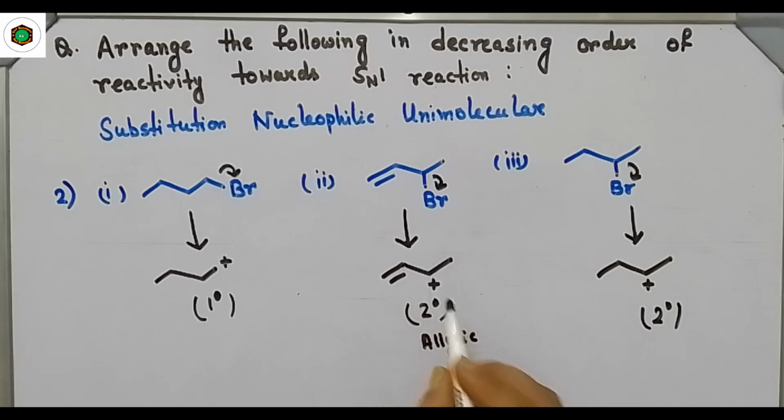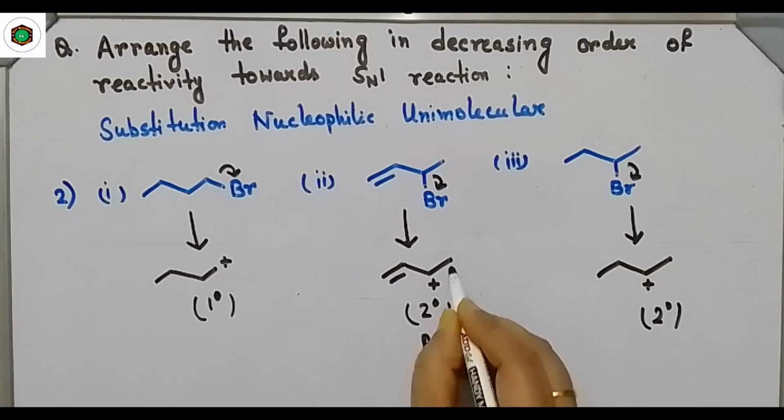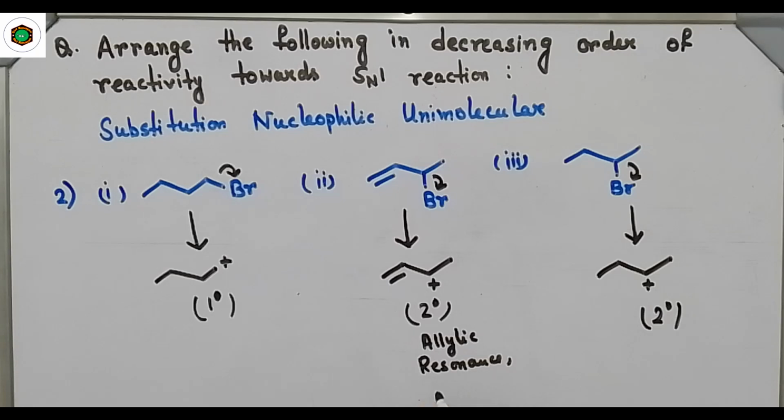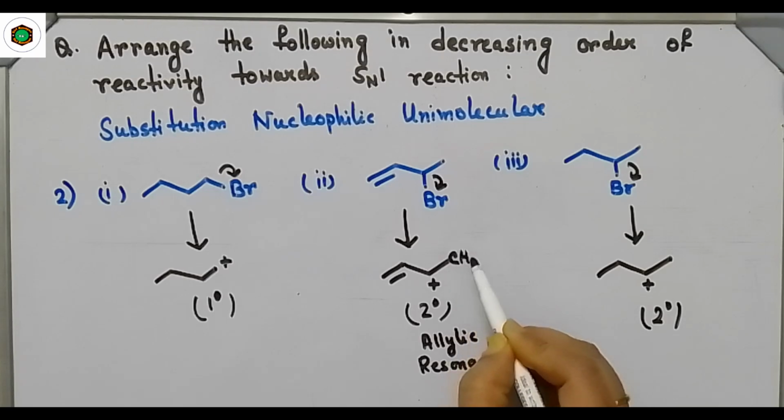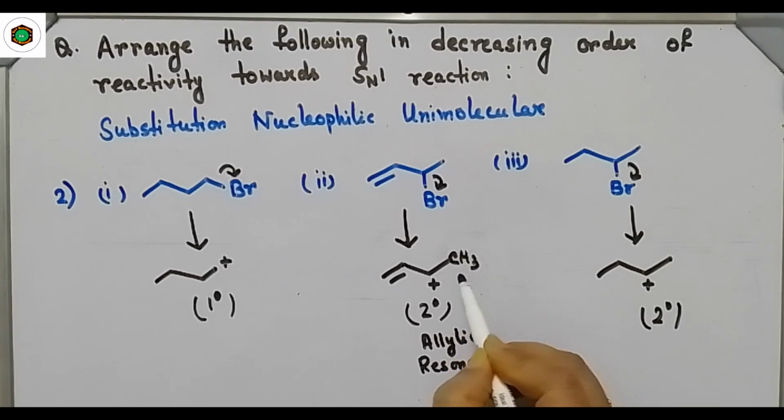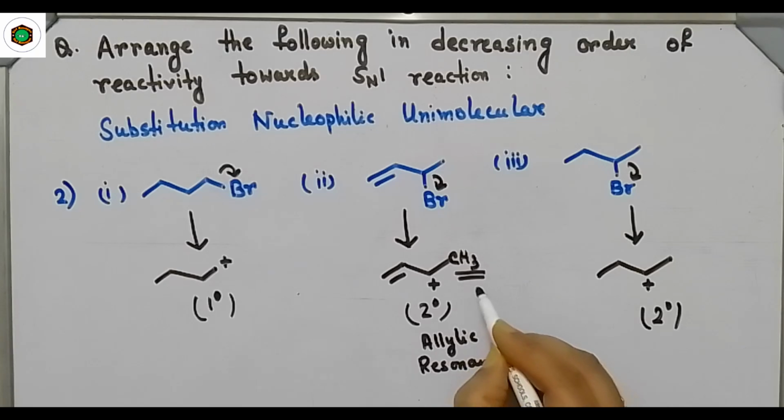So it will be stabilized by resonance and also by the inductive and hyperconjugative effect of this methyl. Here at the end this is there, means here carbon and 3 hydrogen atoms. So this CH3 group is having plus I effect and hyperconjugative effect.